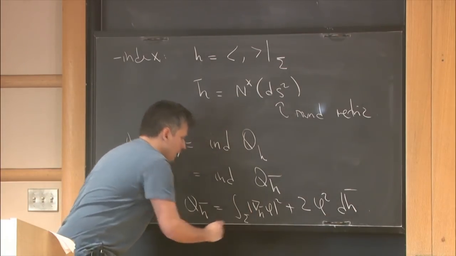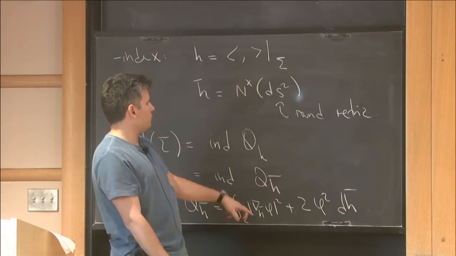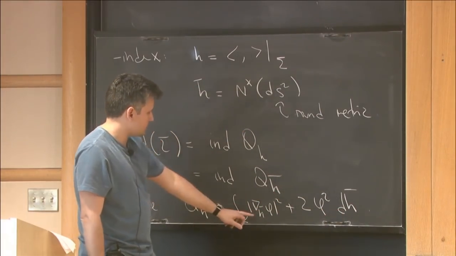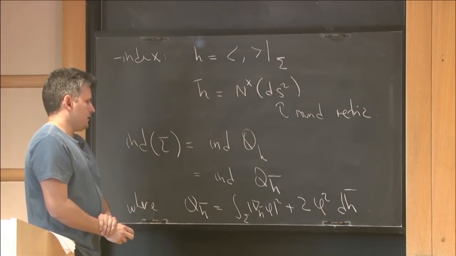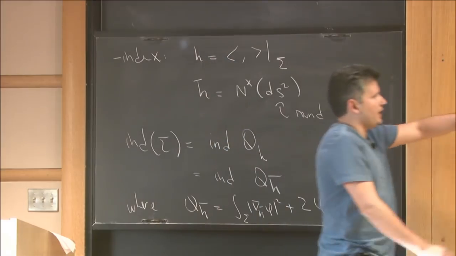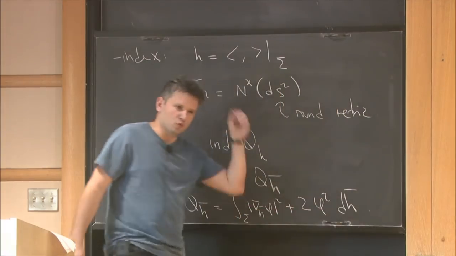In other words, I changed the energy. Instead of computing with respect to the metric h, I'm computing with respect to h bar. And I got away with this K, which is the Jacobian of changing from one metric to the other. So that's why this becomes true.